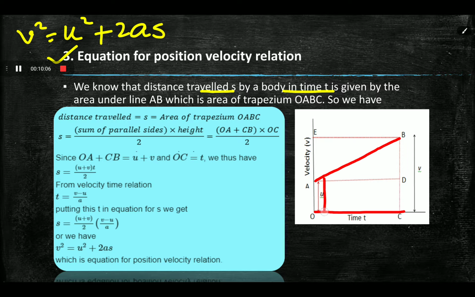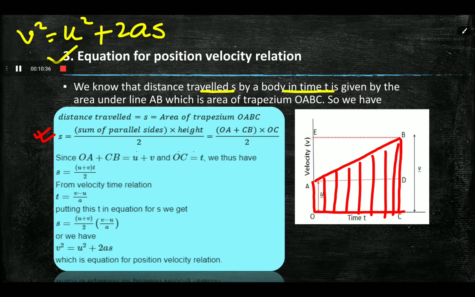And if we find the area of this, which is a trapezium, then OACB is a trapezium. If we find the area of this trapezium, then we will get the magnitude of the distance covered by the object. So, we know the formula for the trapezium is S is equal to sum of parallel sides into height by 2.